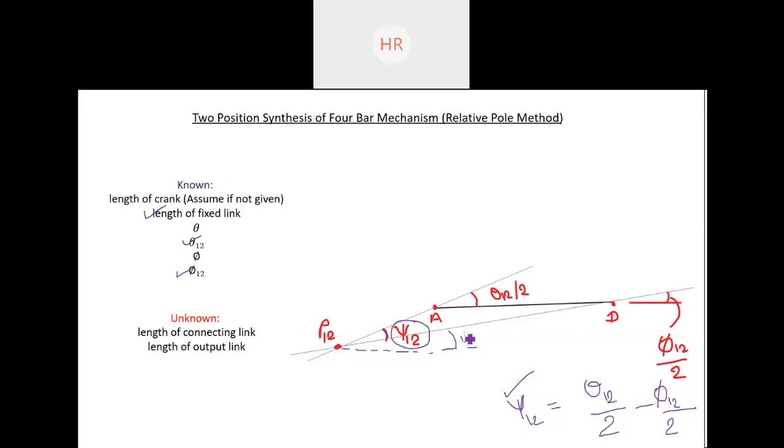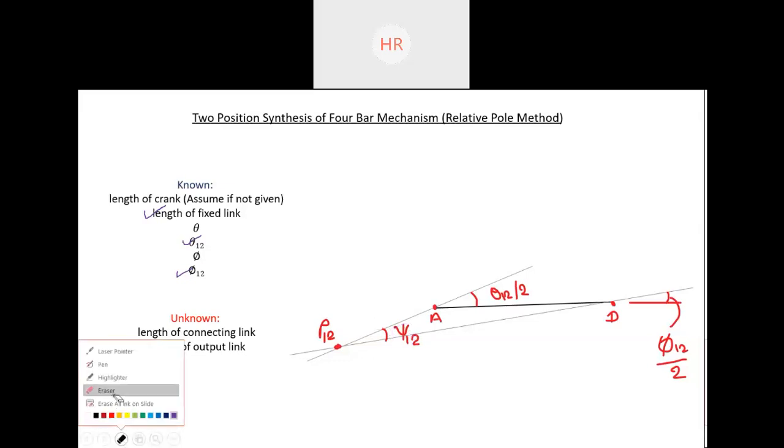So this angle is actually phi 12 by 2, and this angle is theta 12 by 2. So zeta 12 is equal to theta 12 by 2 minus phi 12 by 2. Like this way you can observe zeta 12, or you can measure it also, because it is a graphical method. So you can measure this angle zeta 12.